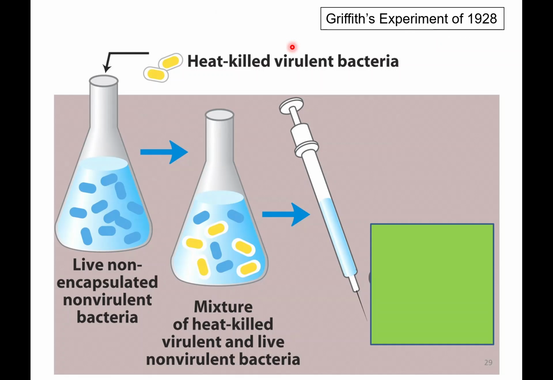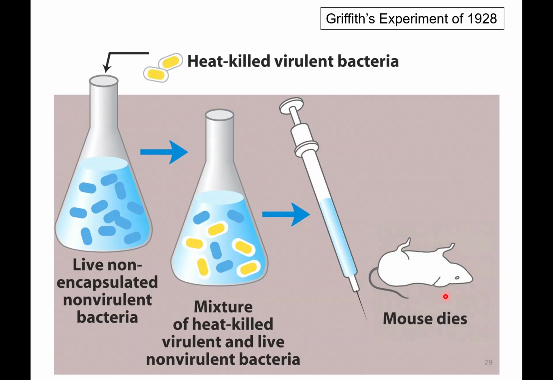He killed some of the bacteria by heating it up and put a small amount of it into some live non-virulent bacteria culture. Then he mixed those and let them culture together for a certain amount of time. Injecting either of these by themselves, the mouse would live. But when he mixed them together, the mouse would die.